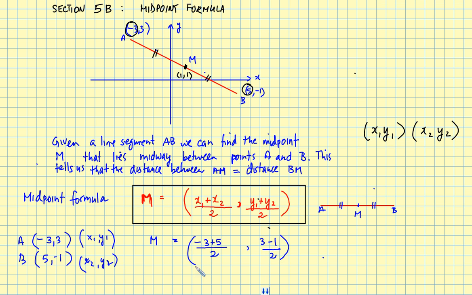When I simplify, I get 2 over 2 and 2 over 2, which is 1 and 1. Therefore the midpoint is the coordinates (1, 1).